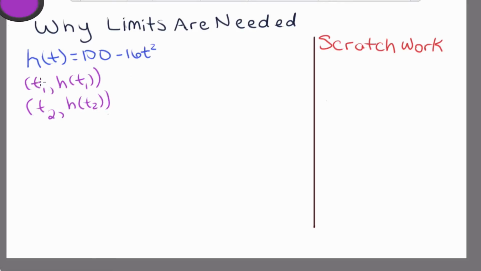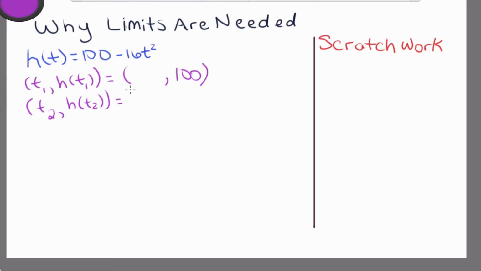So t sub 1 will be the initial time when the ball is released, and h of t sub 1 will be the height when the ball is released, which we know is 100 feet because that ball was released from 100 feet in the air. So we can go ahead and write that part down. h of t sub 1 will be 100. That's when the ball is released.